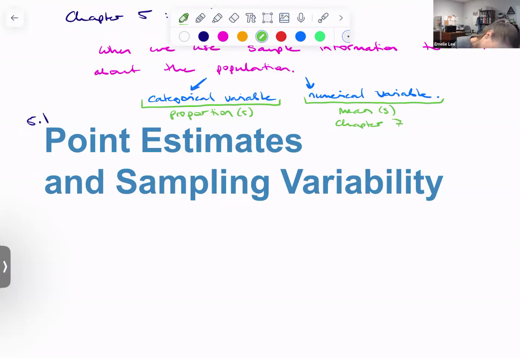So how it's laid out is in chapter 5, bless you, we start with just one proportion and we lay all the groundwork. Now, what's really, really fun about what we're starting, so about inference, is we're going to lay this groundwork and it's going to feel crazy.